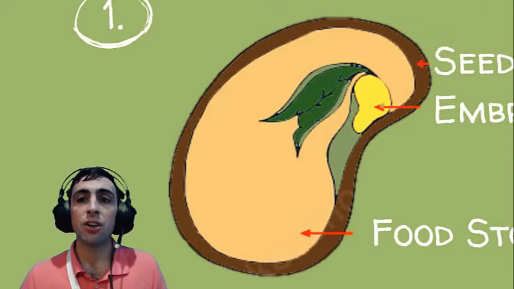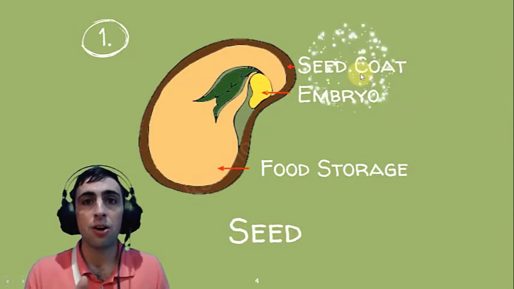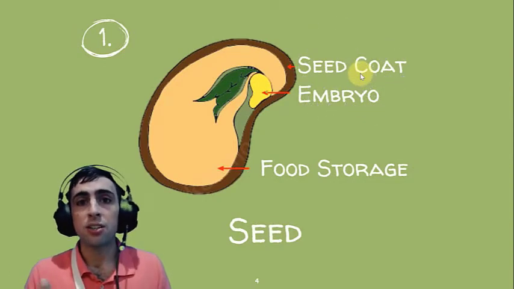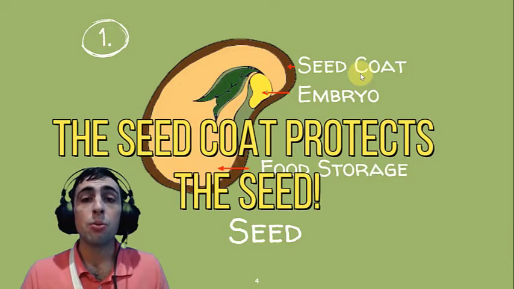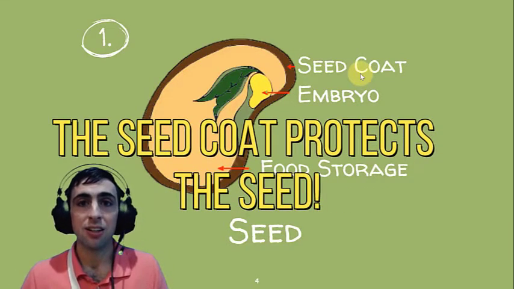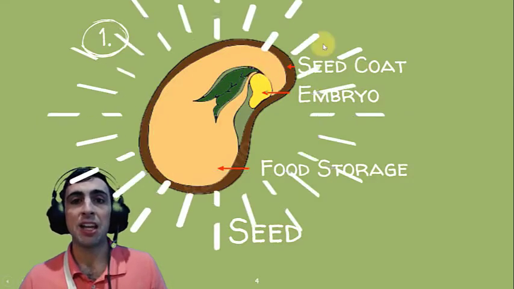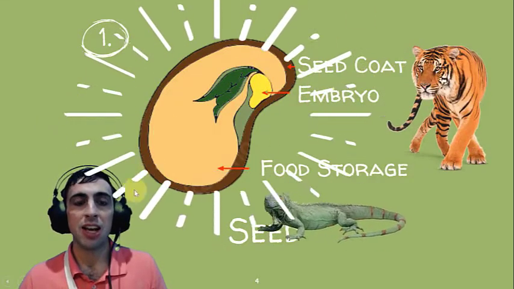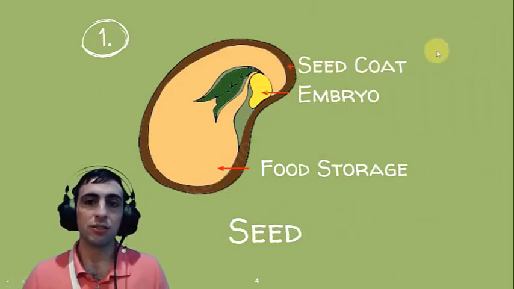This is called the seed coat. What does the seed coat do? The seed coat protects the seed. So if bad things want to get at the seed, this seed coat protects it.